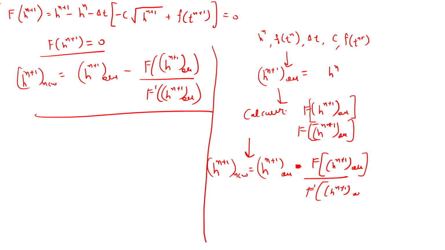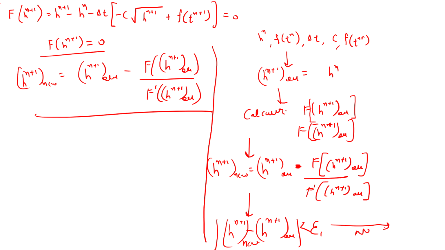Now we will check h_{n+1} new minus h_{n+1} old, whether it is less than an error. If it is no, then h_{n+1} old is equal to h_{n+1} new, and I will directly jump from here to here.